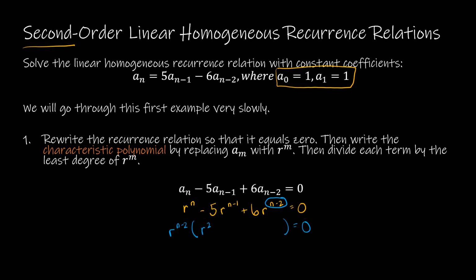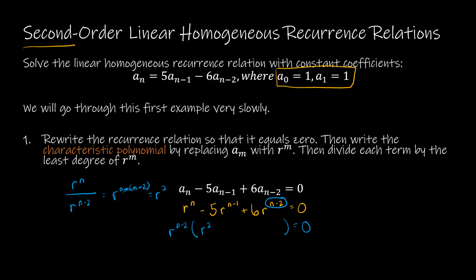And that means the first term is going to become r squared. Just in case you're struggling with that part, I never know how much to review. I'm dividing r to the n by r to the n minus 2, and when I divide, I subtract exponents. So n minus n cancels out the n, but minus 2 gives me r squared.